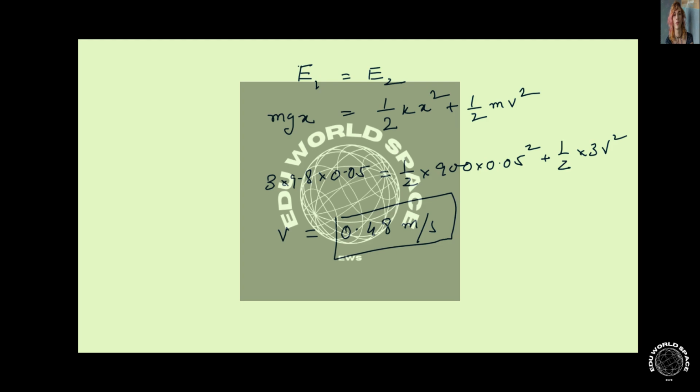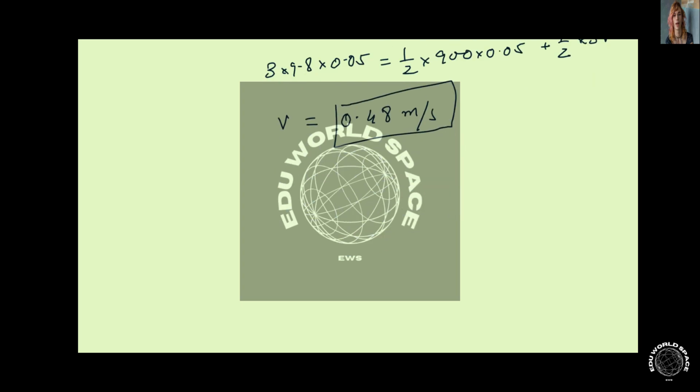Next you have to calculate the maximum speed as it descends, right? Now what happens here is we need to calculate the equilibrium position. To calculate the equilibrium position, we need to equate mg equal to k xm, where xm is the equilibrium position, because at this equilibrium position, the forces will be balanced, right?